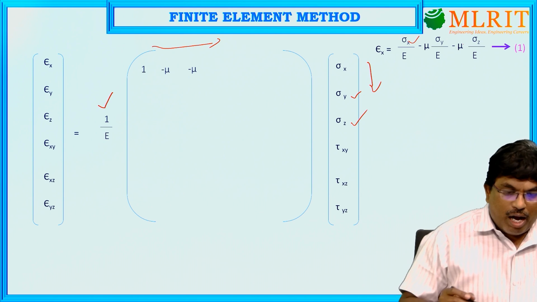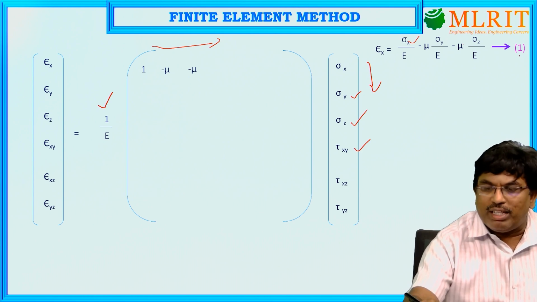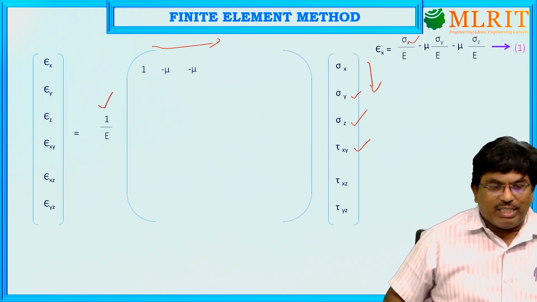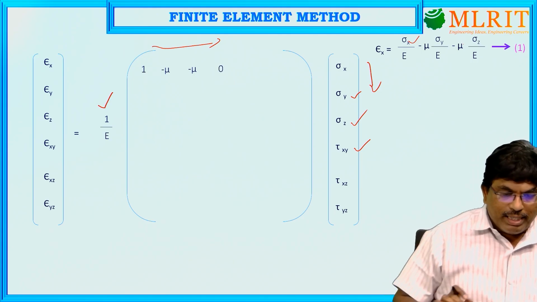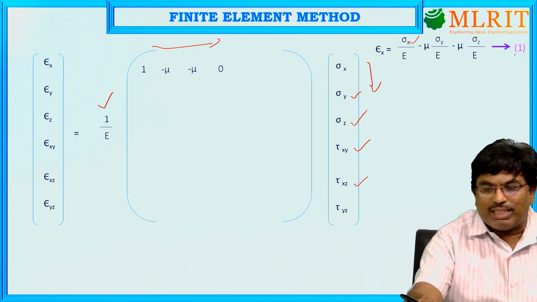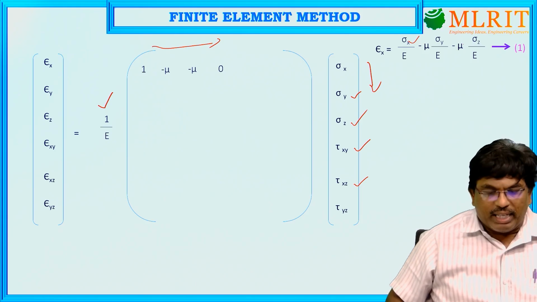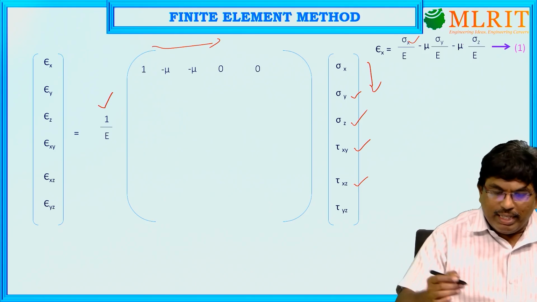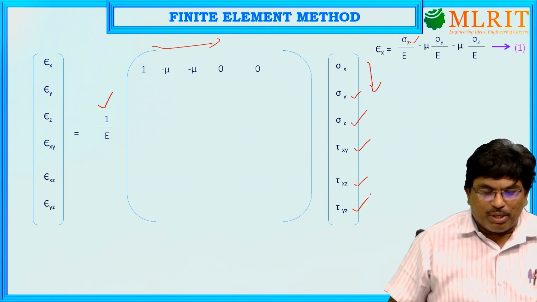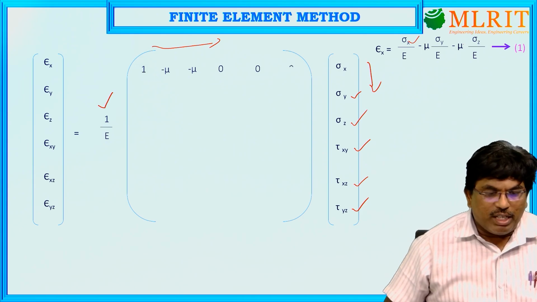After that you have tau xy. There is no tau xy in equation number 1, so the coefficient of tau xy is 0. Similarly tau xz: there is no tau xz in equation 1, so the coefficient of tau xz is also 0. And then tau yz: in equation 1 there is no tau yz, so its coefficient is also 0.